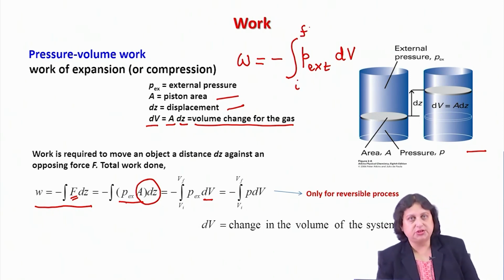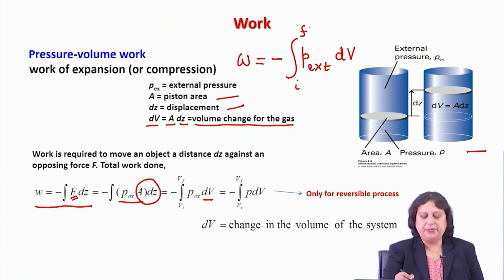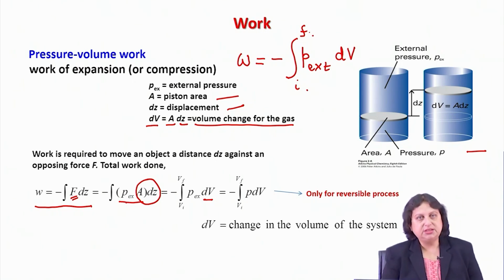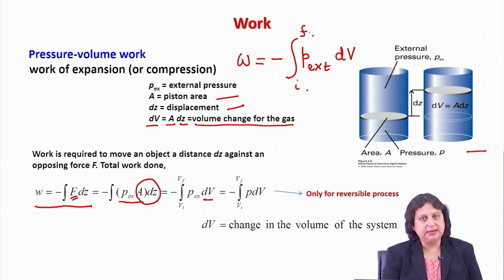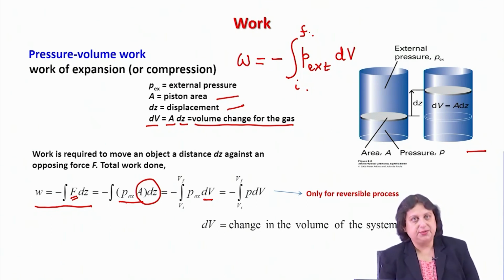Now, by definition of a reversible process, as we move from the initial state to the final state, I am changing the external pressure infinitesimally so that the system pressure, the pressure of the gas, is always equal to P external.